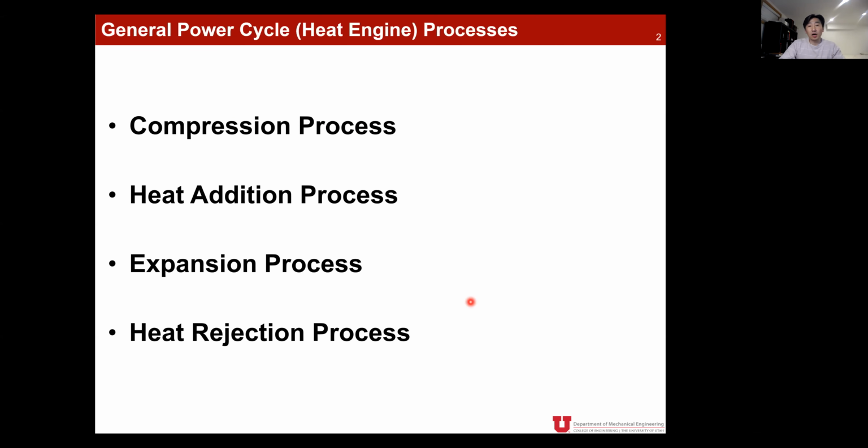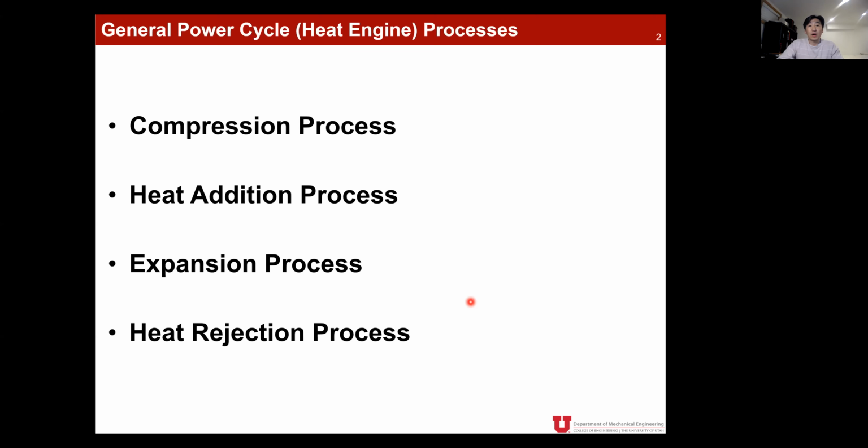So now let's get started with today's lecture. As we briefly discussed in the Carnot cycle lecture, in general, power cycles should have those 4 processes. The first process is usually the compression process. After the compression process, your heat engine should go through the heat addition process. After these 2 initial processes, your working fluid should be at very high pressure and very high temperature. Basically, it should have high energy, and this energy can now be converted to beneficial work.